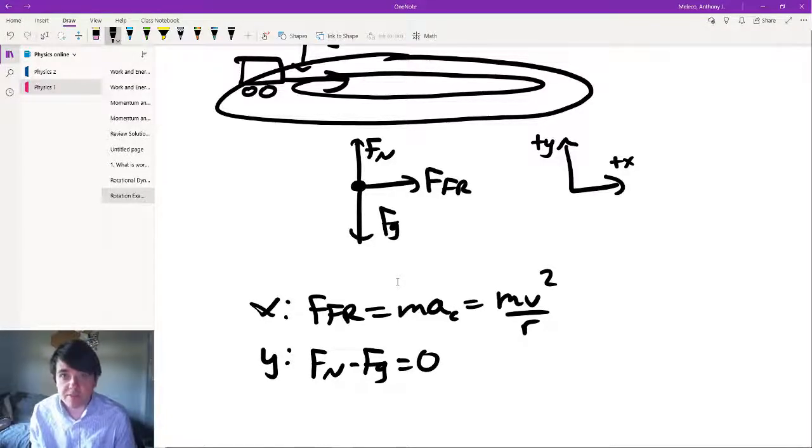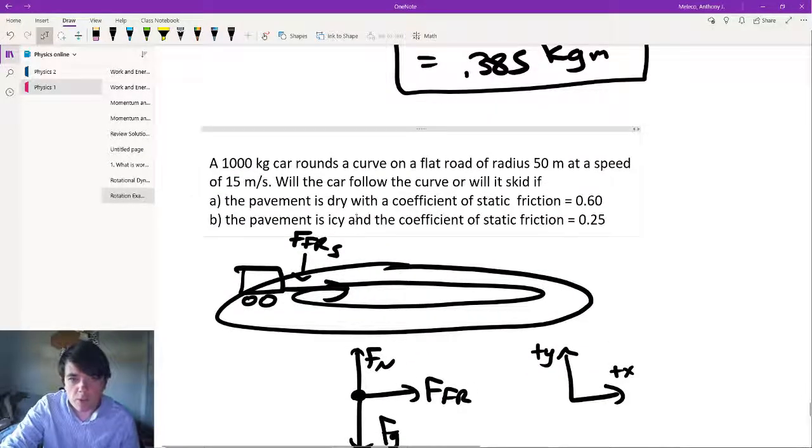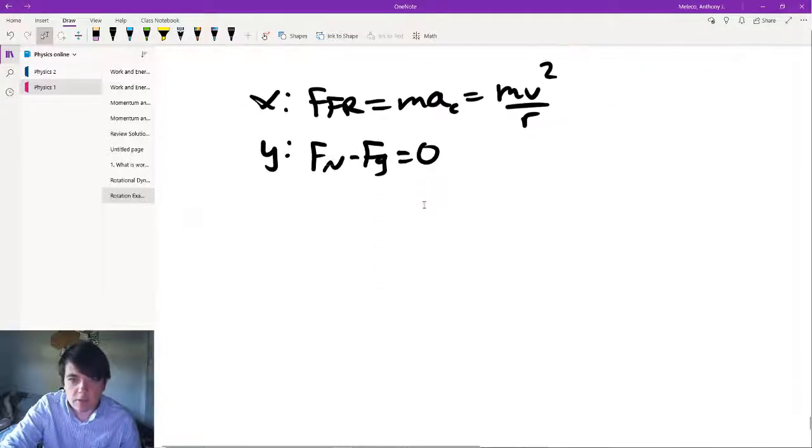You want your coordinate system to usually follow where your acceleration ultimately lies. For incline problems, our acceleration was down the incline, so we tilted the coordinate system. Here, our acceleration points towards the center of the circle, so we'll have a coordinate system that looks like this, which gives us an equation that looks like that. And we want to know if the car is going to follow the curve or if it will skid.